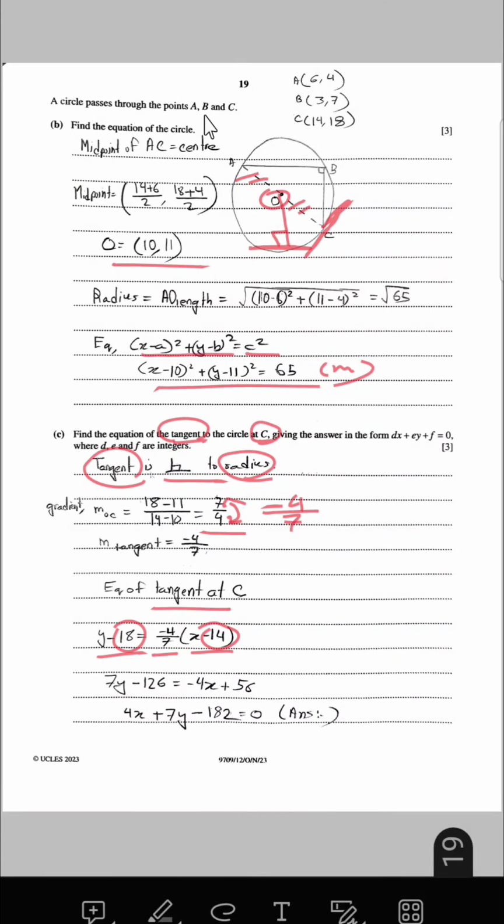The circle passes through the points A, B and C. Find the equation of the circle. To find the equation of the circle, as we know, the circle passes through points A, B and C, and line AB is perpendicular to BC.